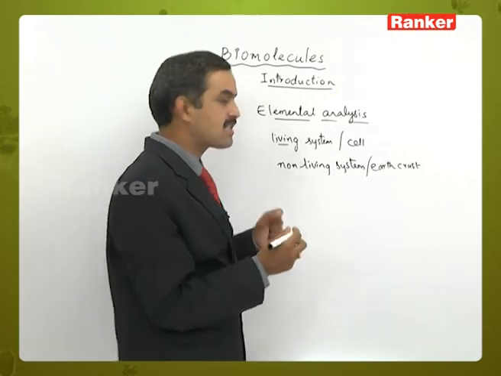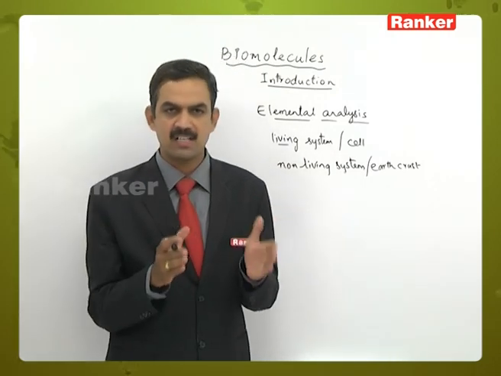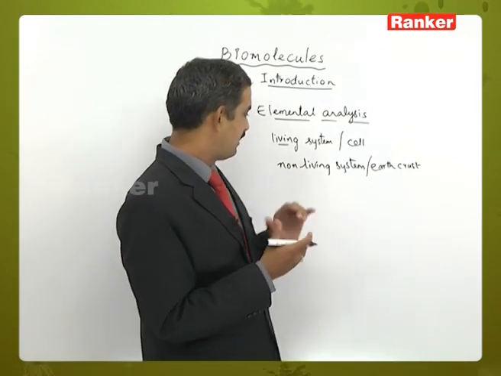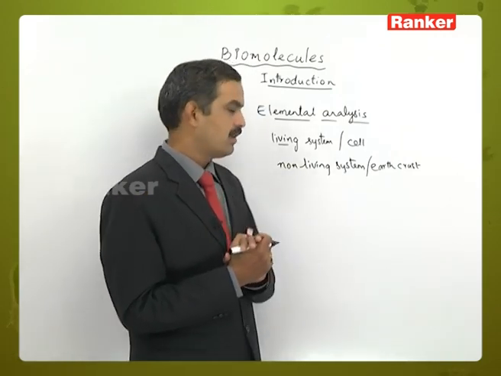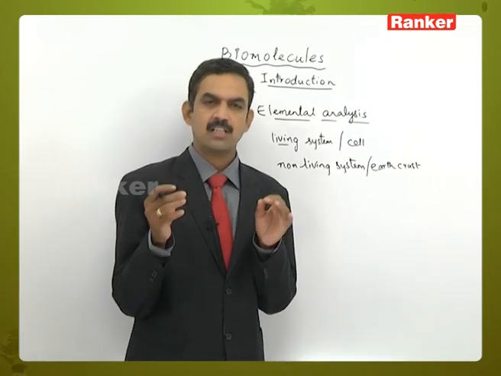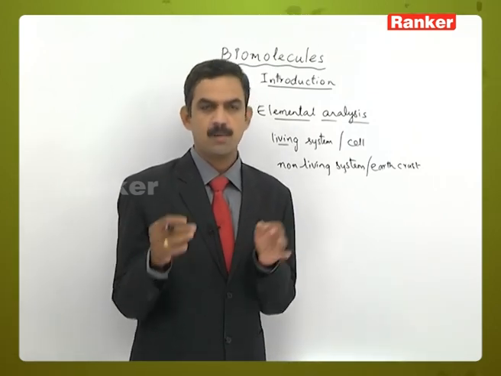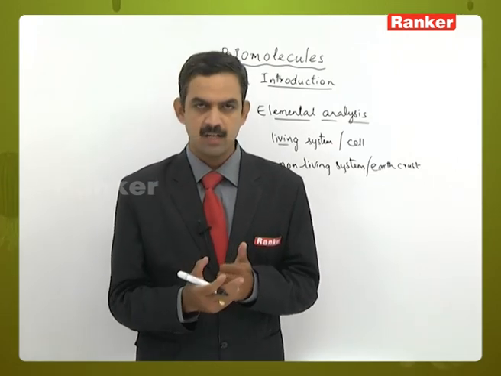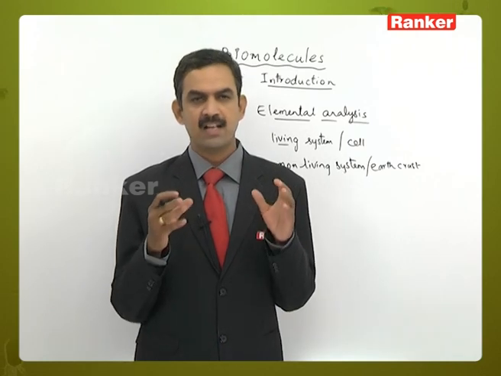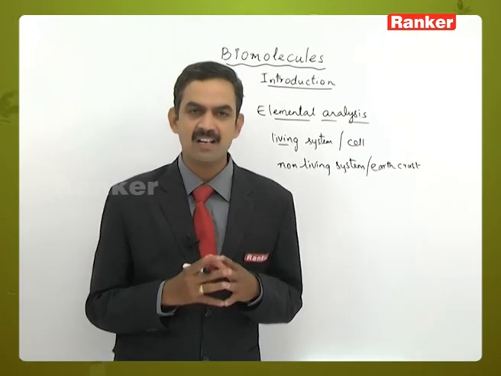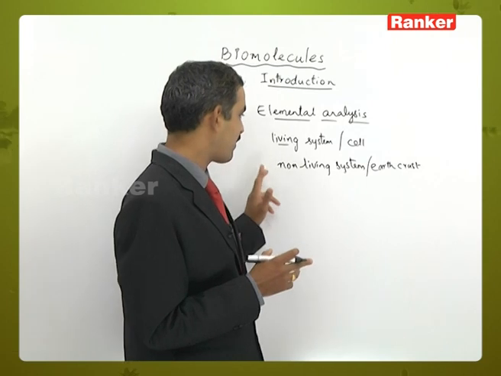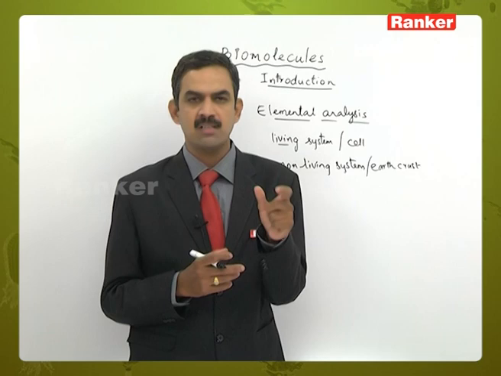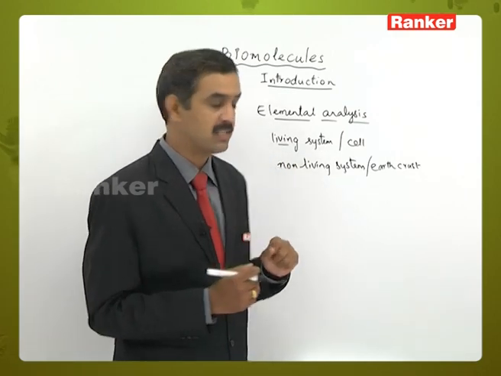Consider that the living system contains carbon, hydrogen, oxygen, nitrogen, phosphorus, sulfur, potassium, etc. In the same way, if you analyze the non-living system like the earth crust, it also contains the same types of elements, but the quantity of the elements present may differ. Basically the elements present will be nearly similar in both the living and the non-living system, and the difference comes in the quantity of the elements present.